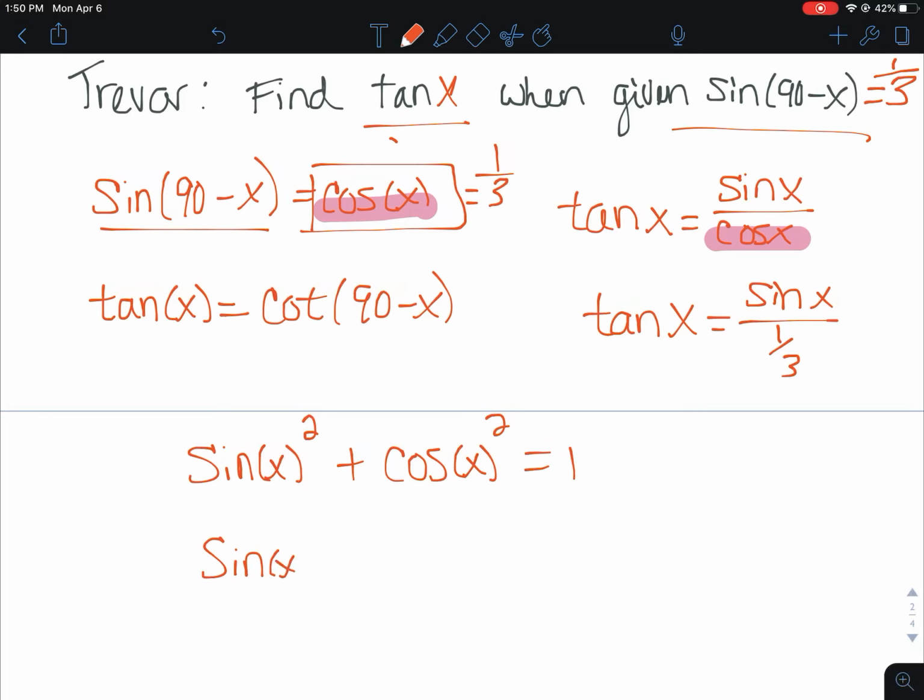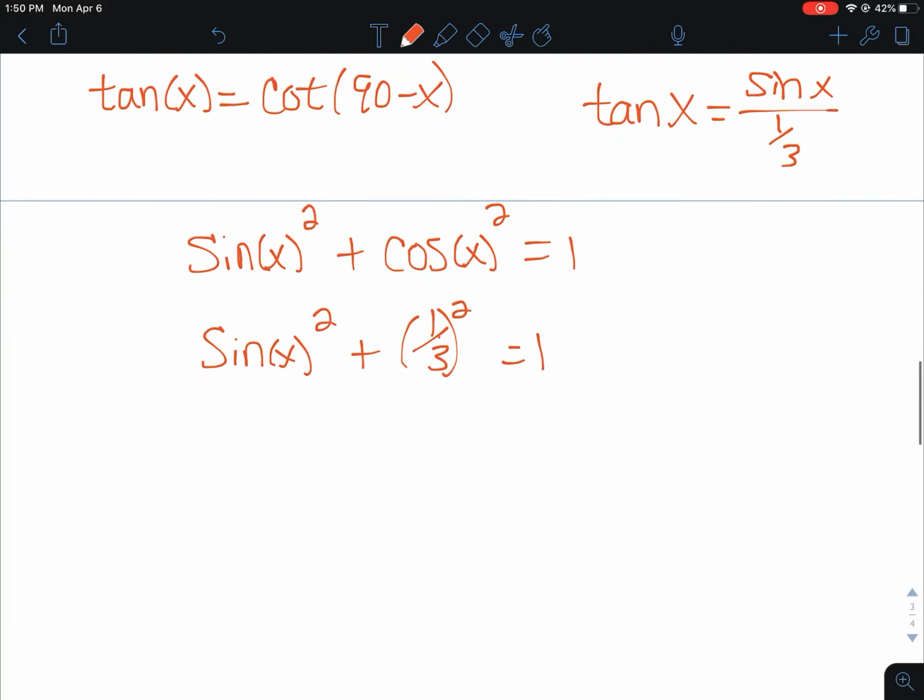So I would replace cosine of x here with 1/3. And then sine of x squared, treat it like it's just x squared that we're solving for. So I'm going to leave that. I'm going to square 1/3, which is 1/9. And I'm going to rewrite 1 as a common denominator, so as 9/9.